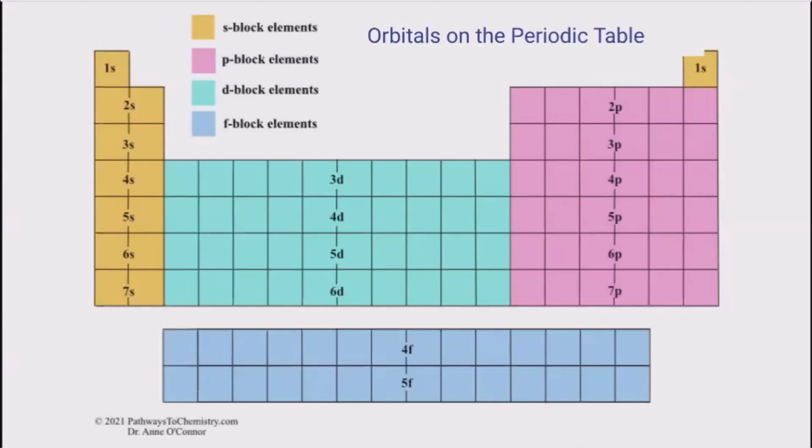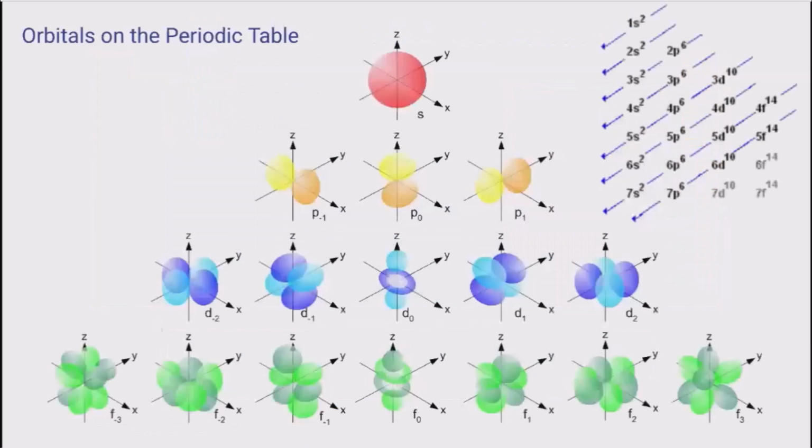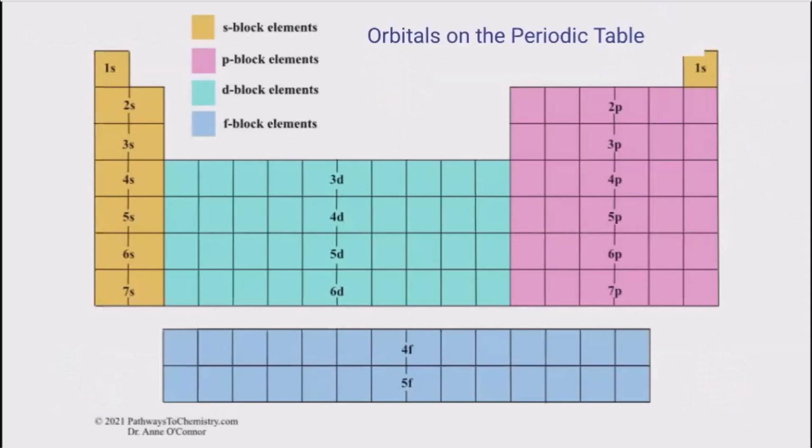And it fills in order, just like the last page, where in the corner it shows you that it fills in a particular order. So you can literally just come over to this table and know what orbitals are present in an atom.